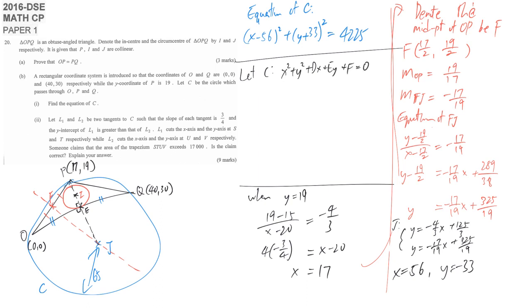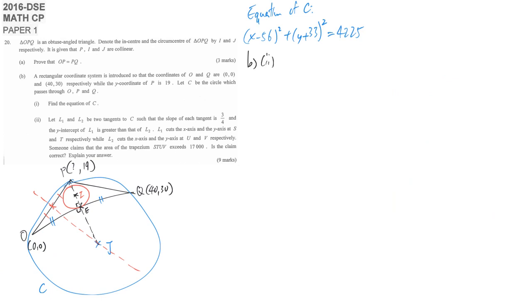If you replace both x and y by 0, since it passes through the origin, you will find that f is also equal to 0. So it simplifies to this formula. And then you may just substitute these 2 points and solve the simultaneous equations. You get the answer also. I use this method just because it's the first method that came to my mind. And this method is useful even if the circle does not pass through the origin.